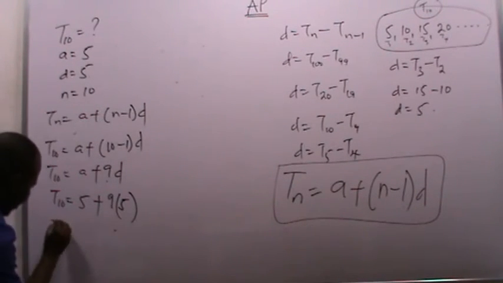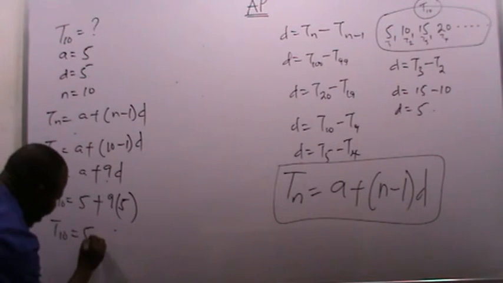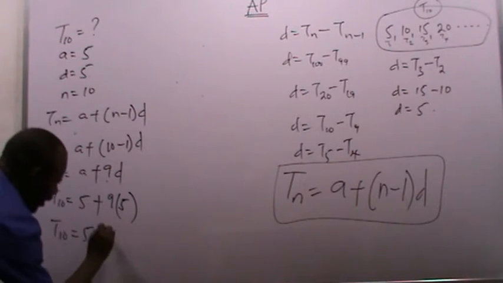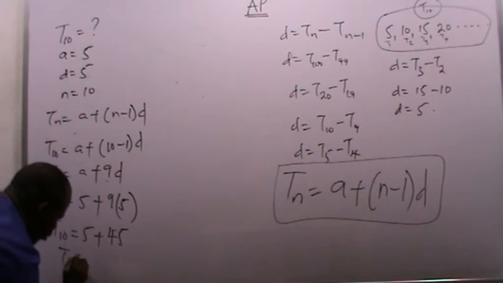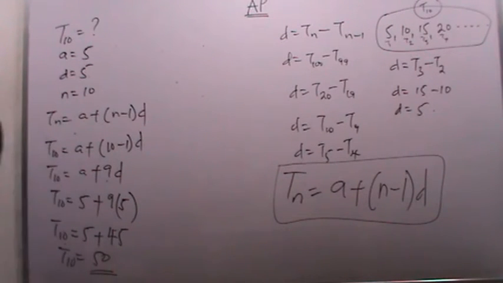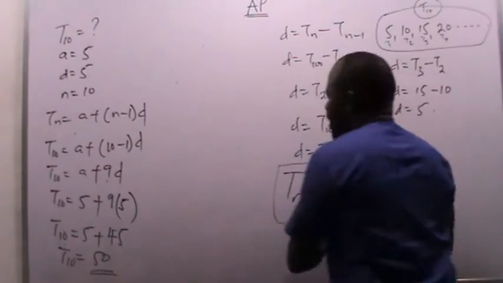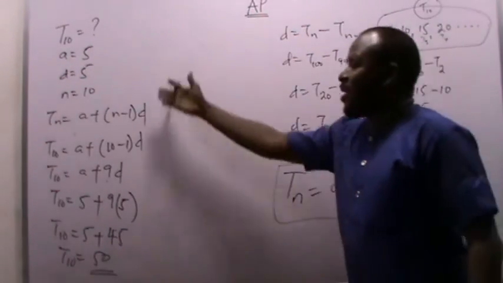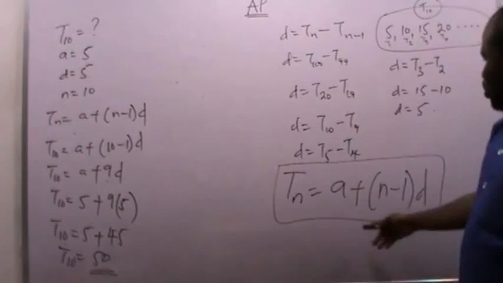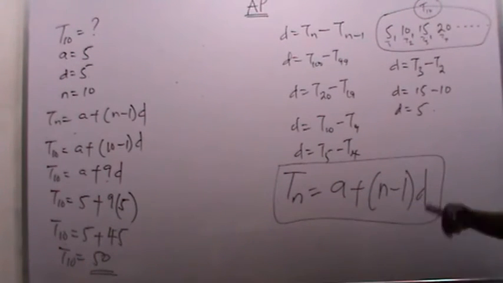So what do we have? T10 will be 5 plus 5 times 9. That is 45. So this plus this will give me T10 to be 50. Final answer. So you apply the formula by substituting the value of each term. And this is just an example to show how we use this formula.